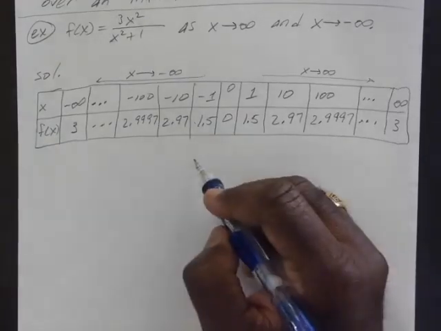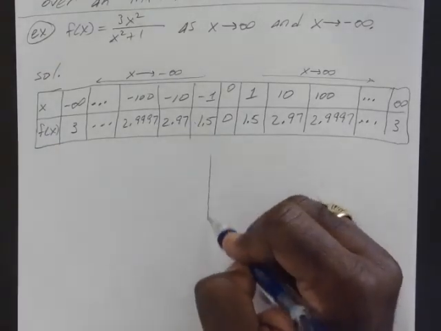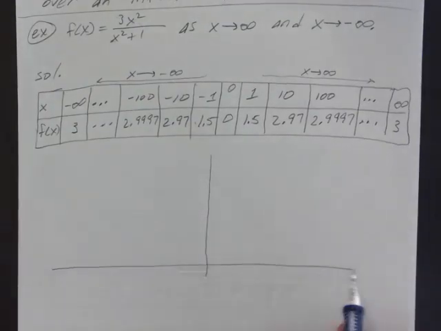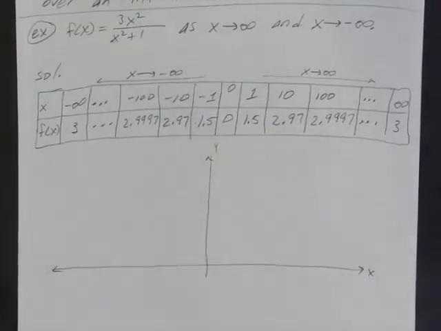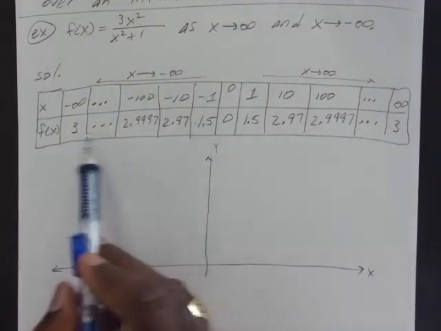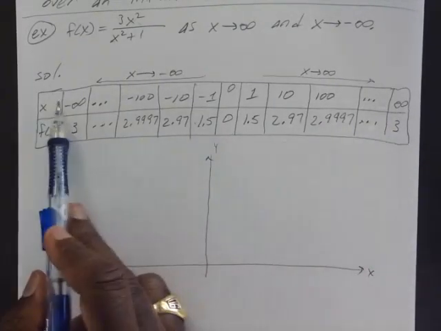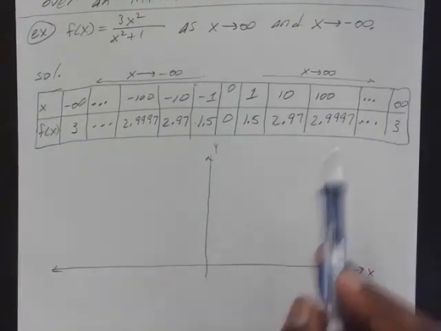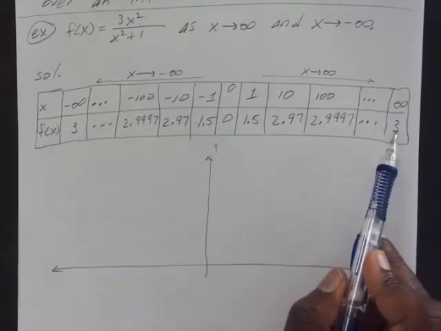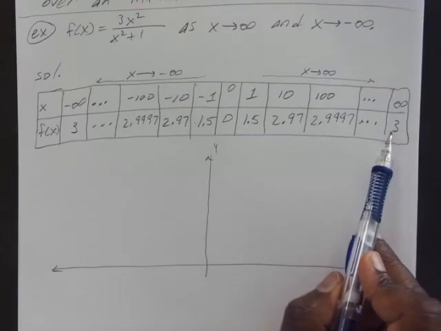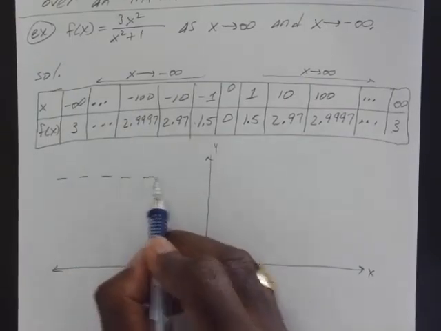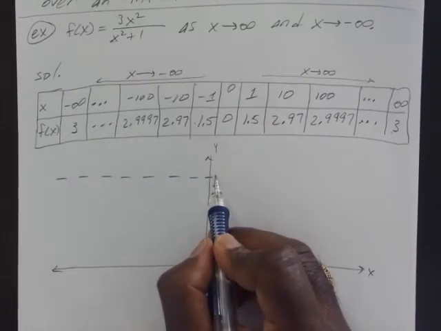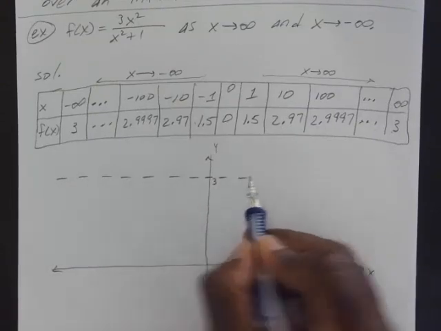So if we were to graph this one, I'll just make our x and y axis. We can see that no matter how far we raise or lower our x value, our y value will never actually reach 3. It'll get infinitely close, but it'll never reach 3. So this is our 3 right here.